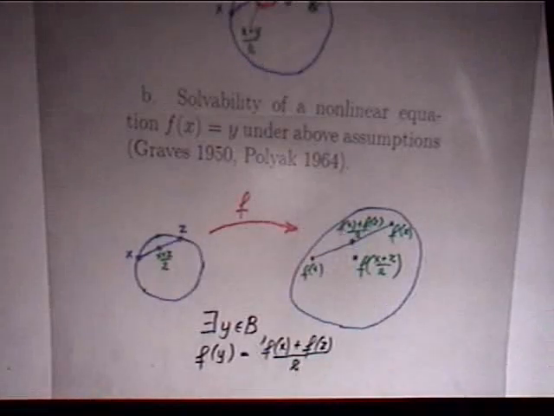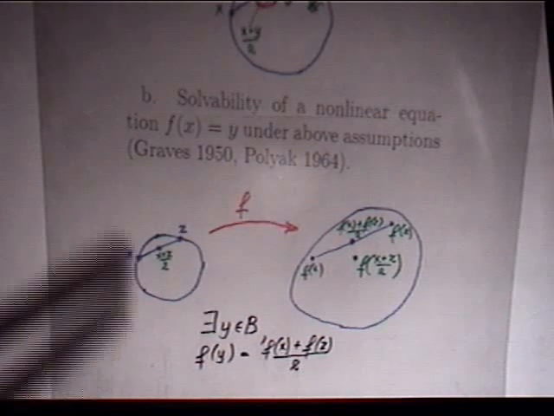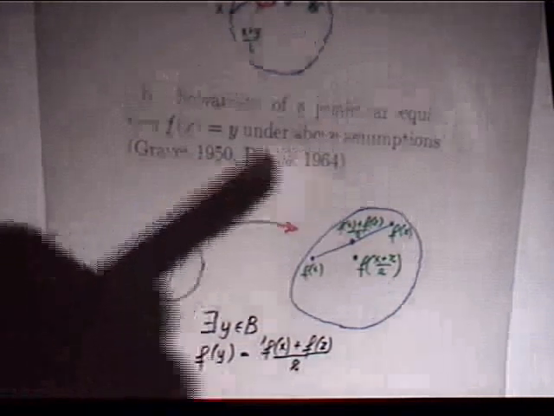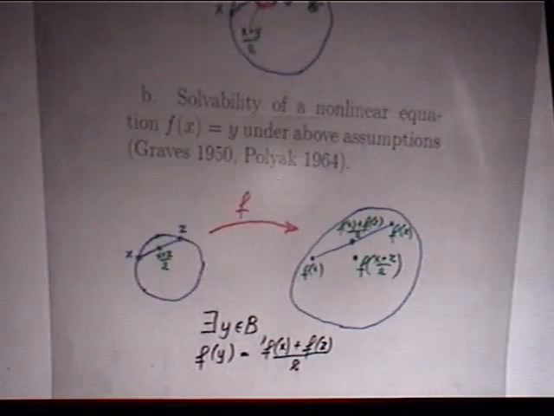So to validate this, we should use some theorem on solvability of nonlinear equations. And actually, we have such theorems. The first one was the famous theorem of Graves of 1950 on nonlinear mappings. But actually, I need a little bit more precise one, which I proved many years ago.